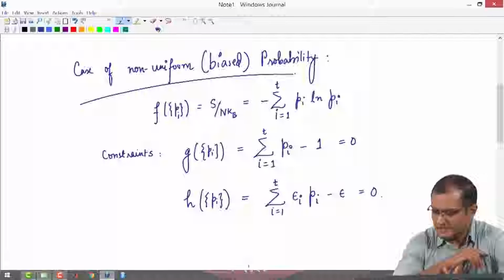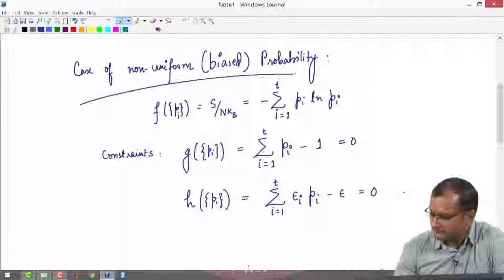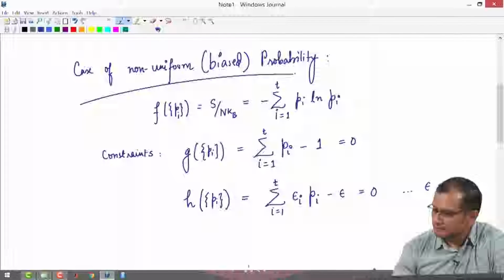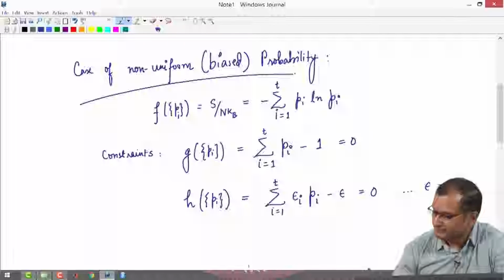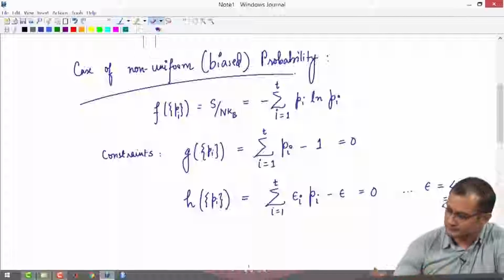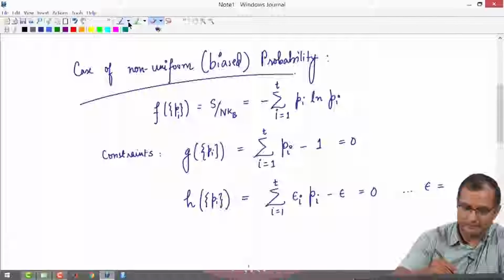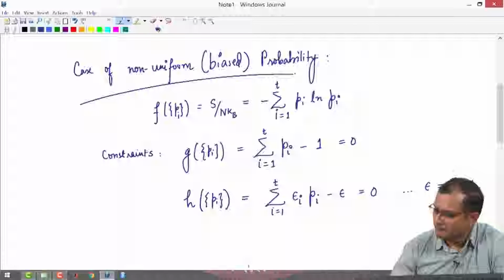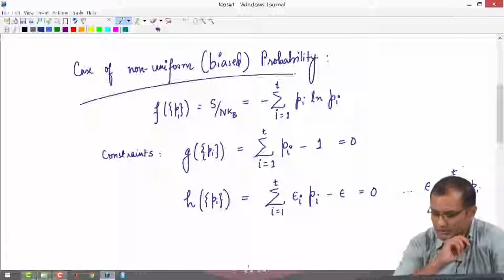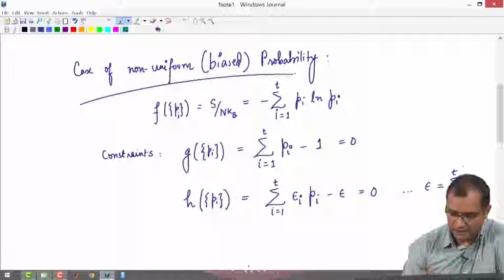So, what this basically means is that I have said that the die is biased in the sense that the average outcome is fixed. So, definitely my second constraint is h.